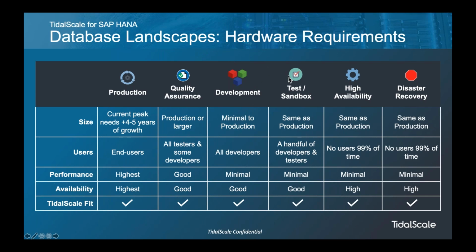However, for your test, sandbox, high availability, and disaster recovery, a lot of customers want to have the exact same size. They want to have the exact same equipment, but they can't afford it. If my production system costs $1.2 million, or if it costs $200,000, am I really going to take that 3, 4, 5, 6 times? So keep in mind that anything you're looking at here is going to be amplified by the size of your landscape, not just for ERP, but for BW, CRM, whatever you're looking at.